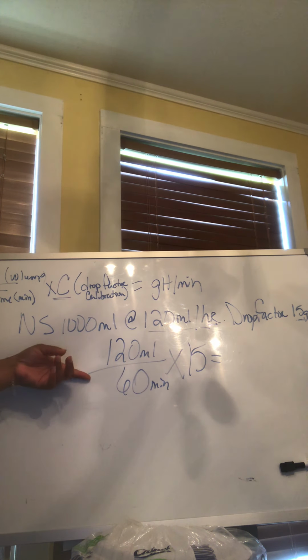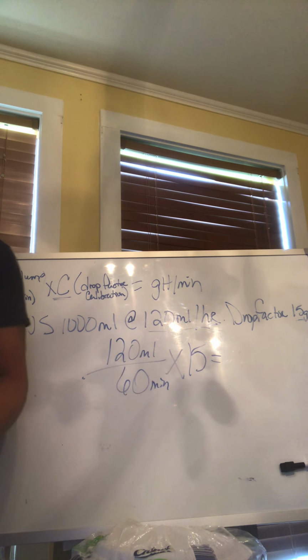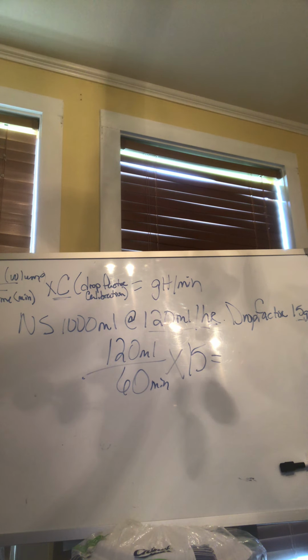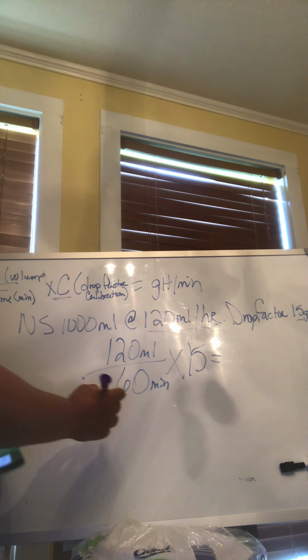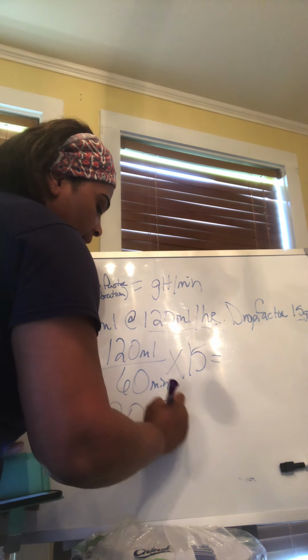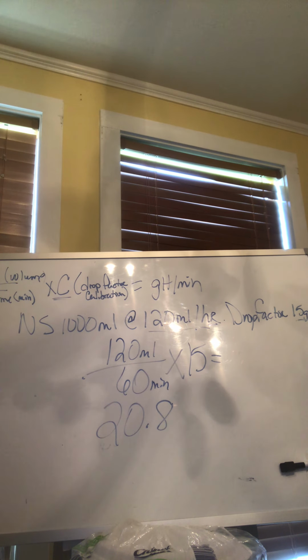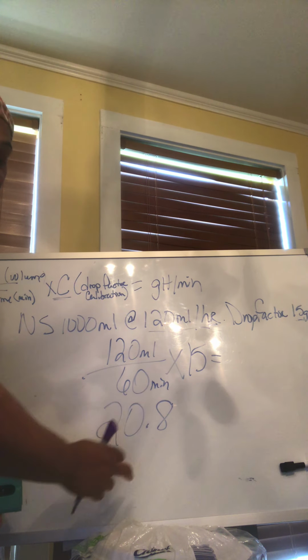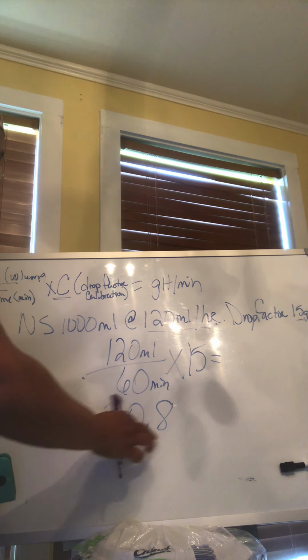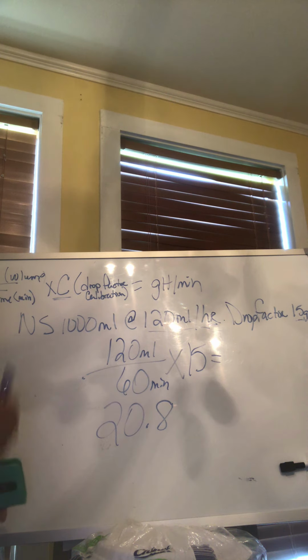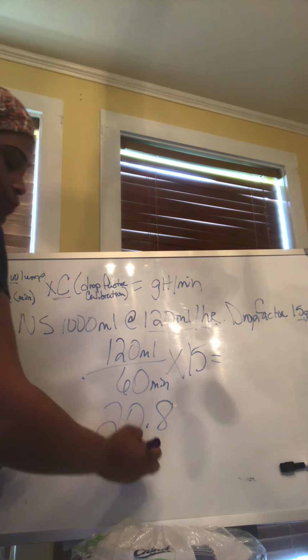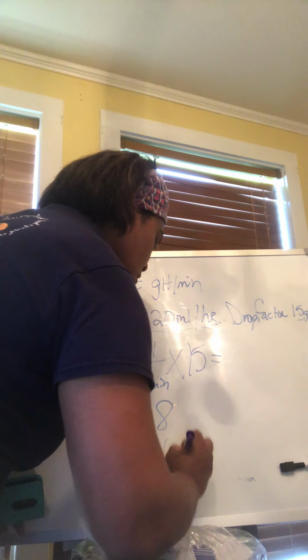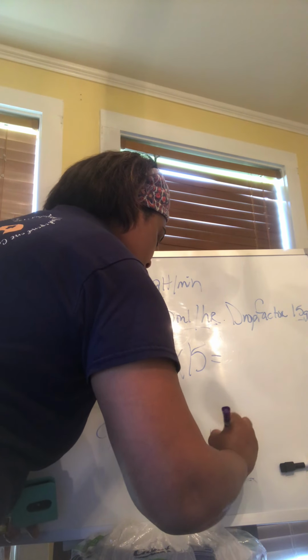When we plug this in our calculator, we're going to get 20.8. Okay, we can't sit there and watch the drop factor when you're watching it in decimals, so we need to round. Using your rounding knowledge, this would turn to 21 drops per minute.